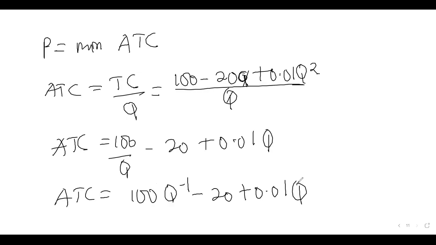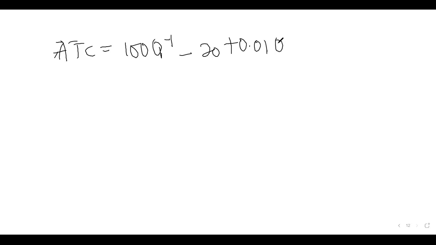Let's note that the average total cost function itself is 100Q to the power negative 1 minus 20 plus 0.01Q.